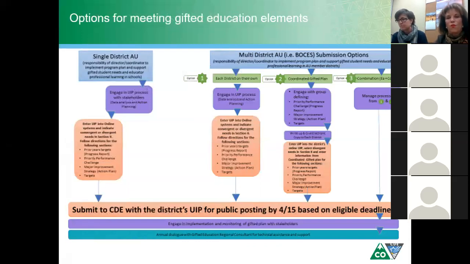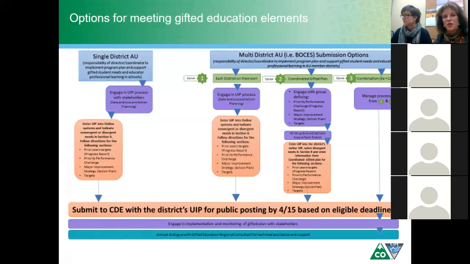Now, on the right side of the visual, we have clarified the choices that are available for multi-district AUs, including, of course, our BOCES. There are options on how this is done. In the first option, each district submits their own plan.